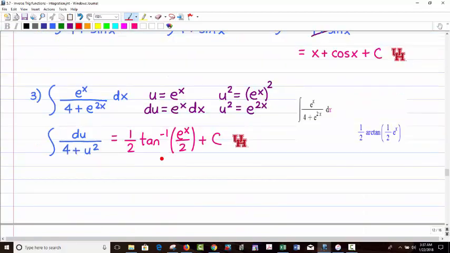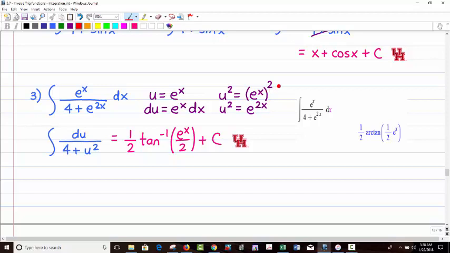Now here's one using e's that turns into arctan. It's kind of interesting, because in the numerator we have e to the x dx, and we want u to be e to the x, because the derivative of e to the x is e to the x. So I'll let u be e to the x, which makes u squared equal e to the 2x. You have to be careful here.